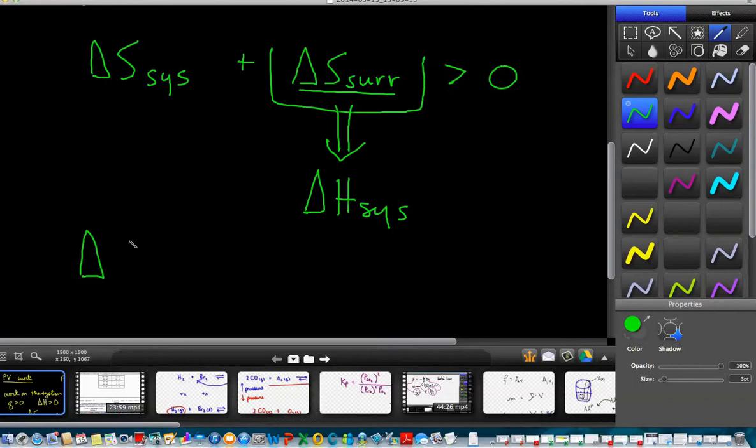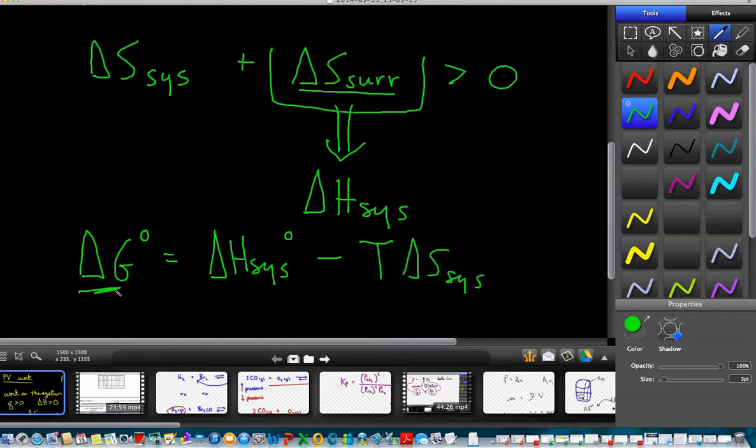So long as delta H of the system minus T delta S of the system is less than 0, which means delta G is less than 0, of course, that's spontaneous. But the root of delta H of the system is actually a measure of the delta S of the surroundings.